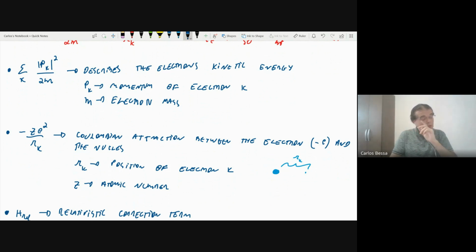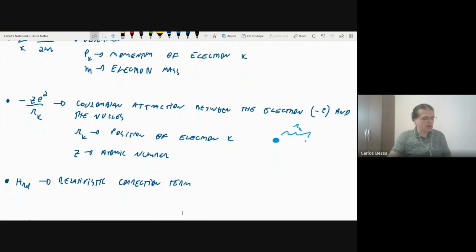The real explanation of this term comes from the Dirac equation, but we can make an approximation and put this Hamiltonian in terms of the relativistic energy.